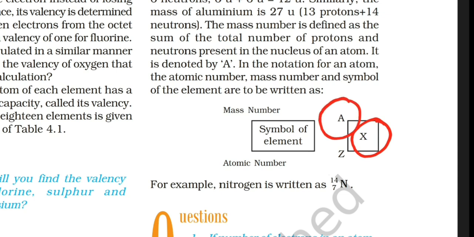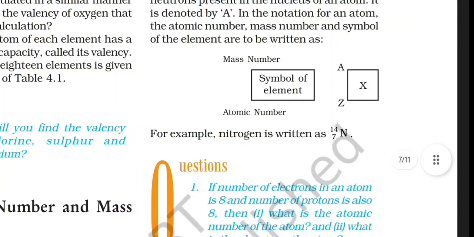The mass number is written above the element symbol, and the atomic number at the base, both on the left side, up and base. For example, nitrogen is written as N, this is the symbol of nitrogen. 14 is the mass number and 7 is the atomic number.